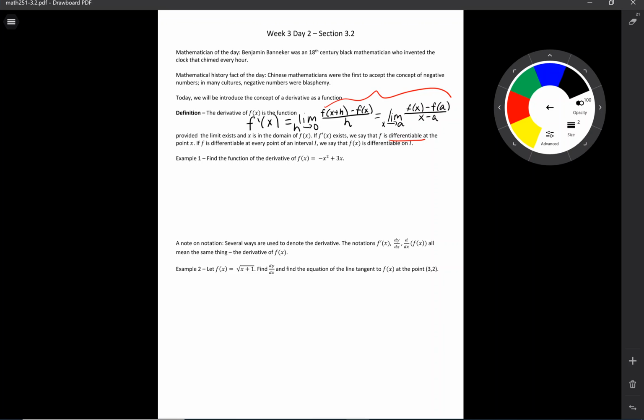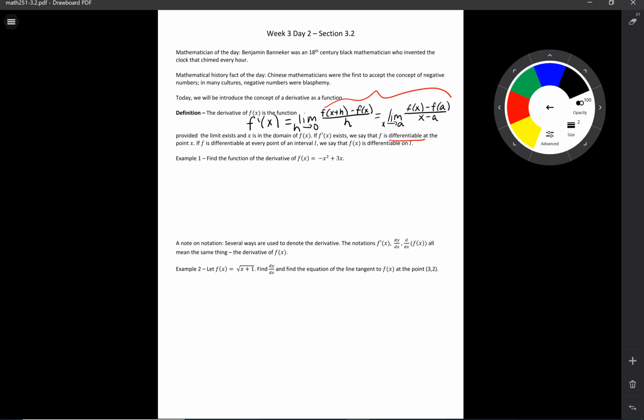So let us use this definition to find the function of the derivative of negative x squared plus 3x. Now I want to pause here real quick. I know that some of us have taken calculus before, either in high school or maybe previously in college, and you may be looking at this function and thinking, well, I know exactly how to do that, I know all the rules, it's going to be way easier the way that I do it.